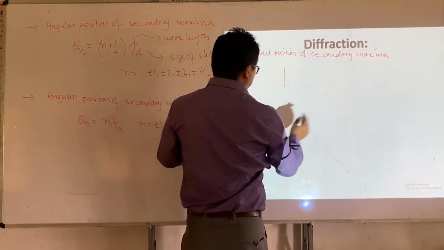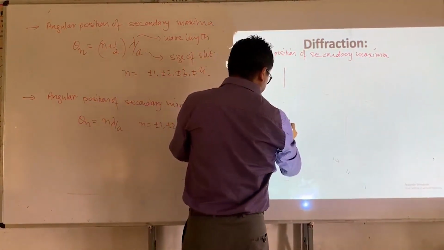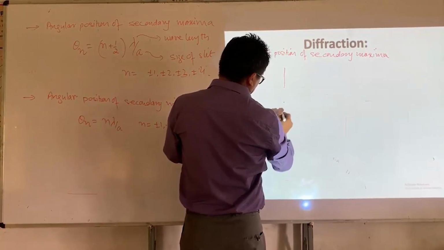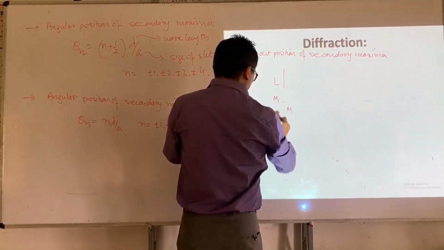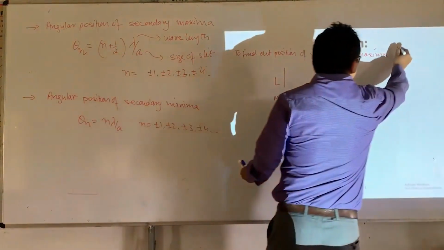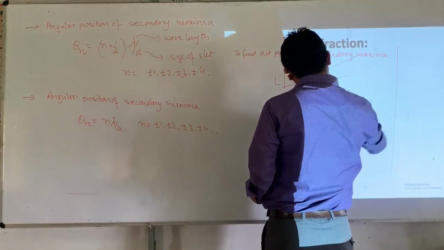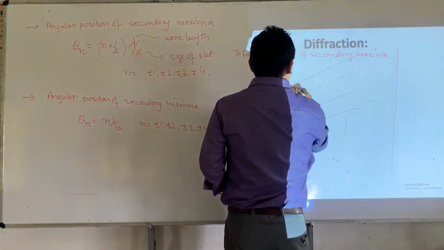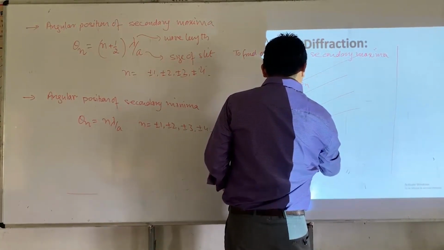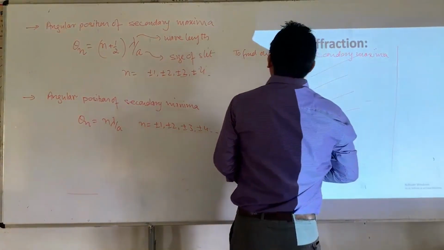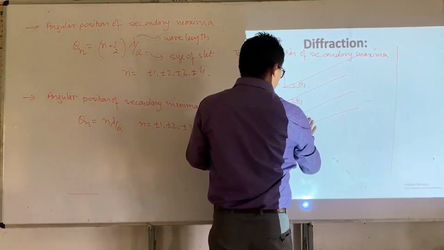I magnify the slit and divide it into 3 equal parts. This is M, this is L, this is N, M1, M2, and this is the screen, and this is the angle theta. Let's say this is theta 1. I'll write theta 1. First, I will find out the first secondary maxima.